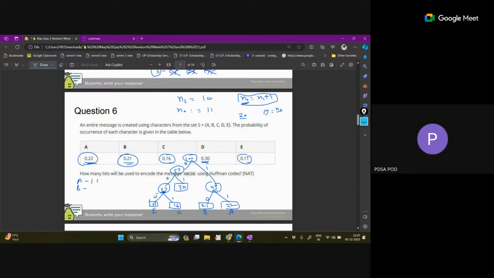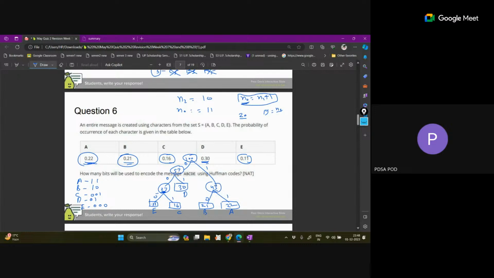For B the edge value is 1 0. The value for C is 0 0 1. Where is D? This 30, so this is D. So 0 1. E is 0 0 0. So these are now the Huffman codes.